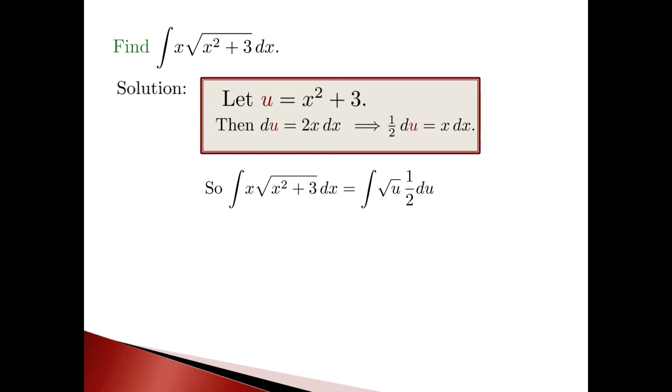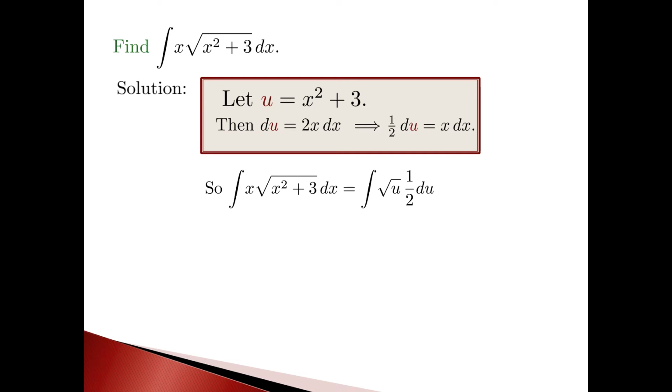That square root of x squared plus 3, well, that's a square root of some stuff. And the whole point is this thing's been chain ruled: x squared plus 3 is my stuff inside the square root, inside my function. So x squared plus 3 is my u. I originally had a square root of x squared plus 3. That's why I have a square root of u now in the new integral on the right-hand side. Originally, I had an x and the dx, and I need to somehow turn that into something that'll give me du's.